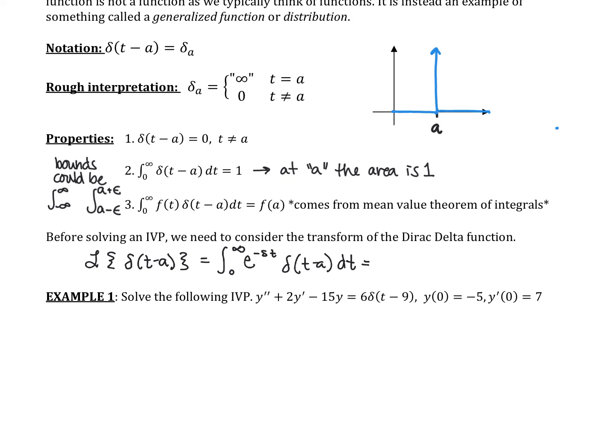If we do this process, what we will end up getting is e to the negative as. We can see this as number 26 on the table.